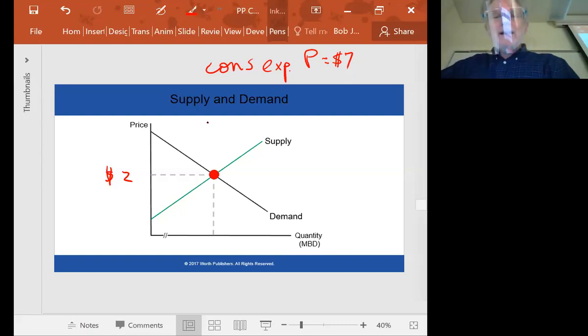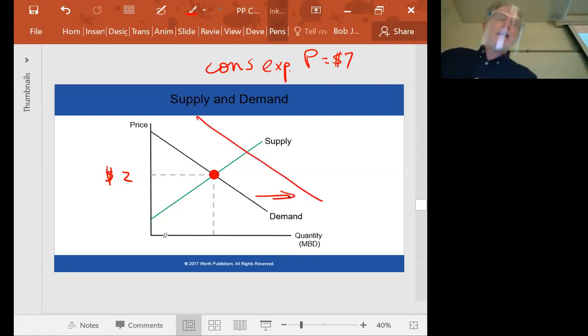So that is an increase in the demand for gas. And what caused it? It didn't go up because the price went up. No, the price hasn't changed yet. It's expectations. We're saying consumer expectations have changed. And as a result, consumers increase their demand for the product. They want to buy it now before the price goes up.